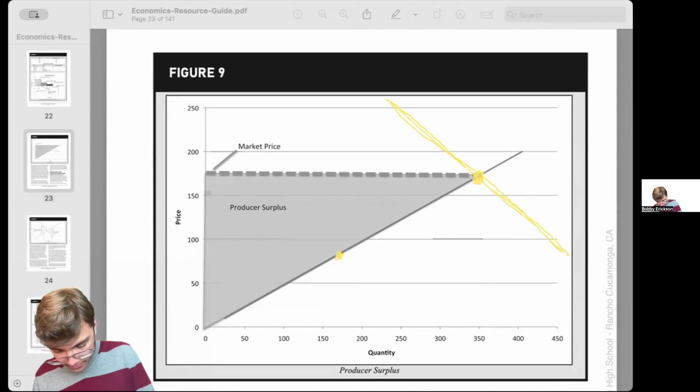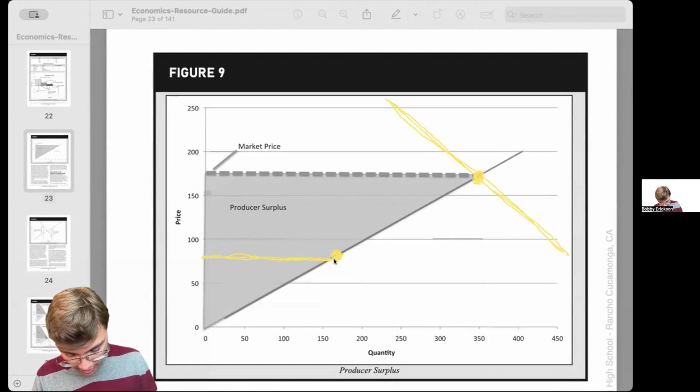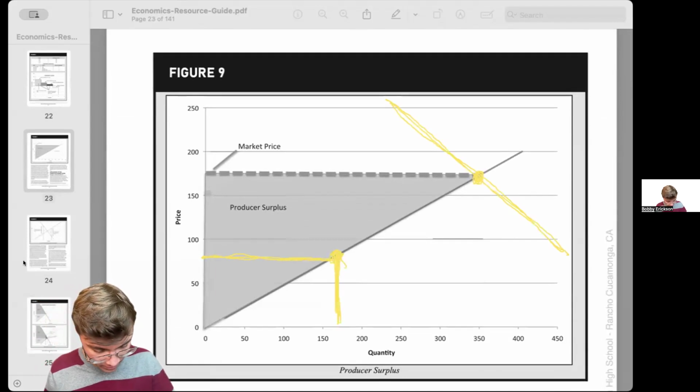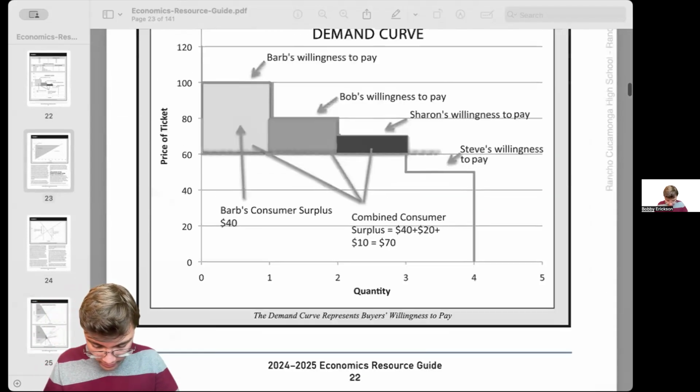We have our demand point right here. The market price is at like 175 or so, and this represents the opportunity cost of producing at this price point.